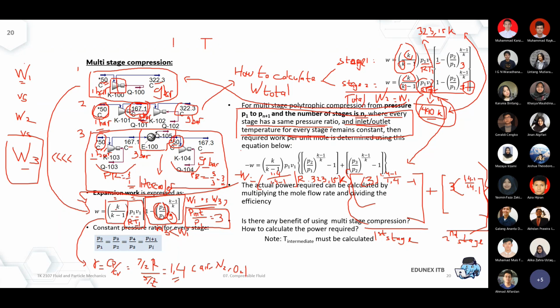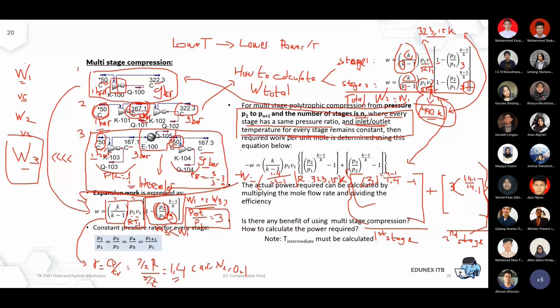Lower temperature will always give us lower compressor duty, lower power or duty. For an identical process where the only difference is the temperature, lower temperature will always give you a lower power or duty of a compressor.